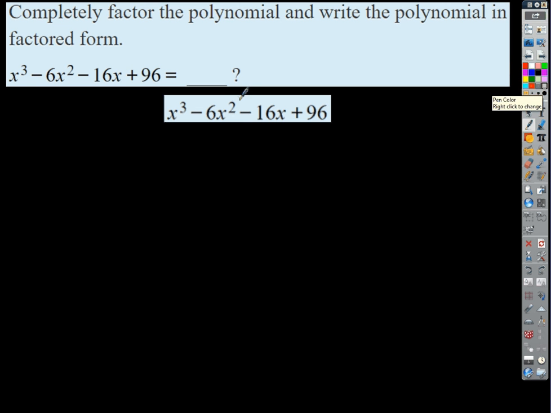So when there's a 4-term polynomial, all we do is this. We're going to break it up into two groups of 2. The first 2 terms are in the first group, and the second 2 terms are in the second group. In each of those, I'm going to set up kind of the template first, and then we'll fill in the blanks as we go. So from the first group, we're going to factor that into a greatest common factor and what we might call the leftover.